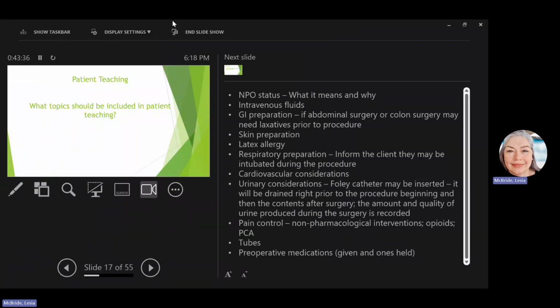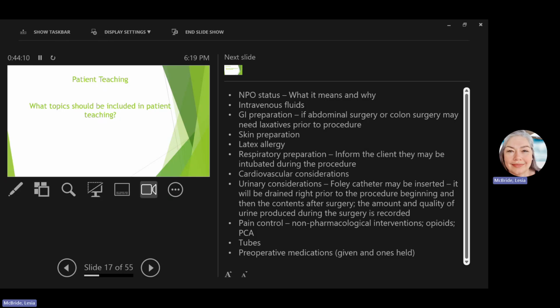They should be taught NPO status, what it means and why, that they're going to be given intravenous fluids, that we need to prep their GI system to make sure that if they need laxatives or if they need Colace for stool softening, that it's done before, because again, remember that they're going to be getting a lot of narcotics for pain, and some of those anesthetics are also very constipating.